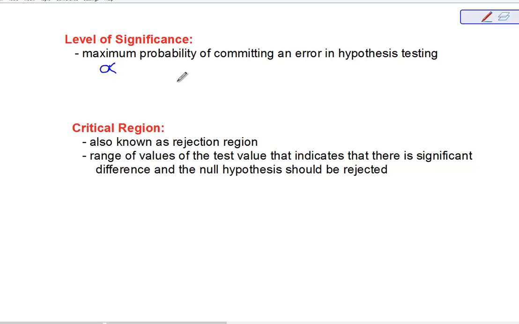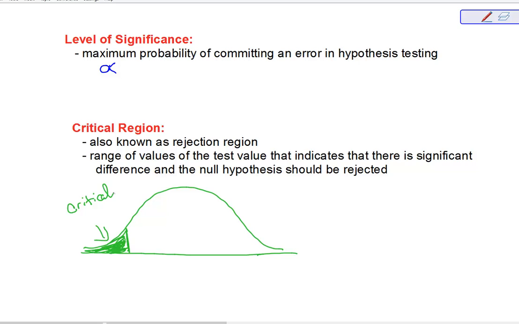So when we draw our pictures, like a moment ago, if I have my left-tailed test here, the shaded area here is considered the critical region. This is the critical region, also known as the rejection region.